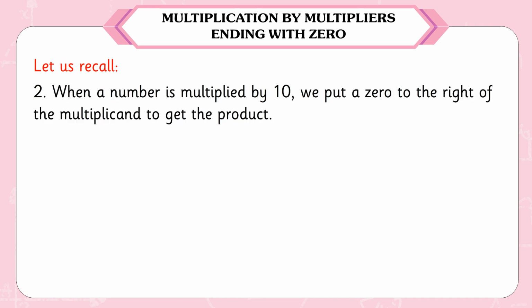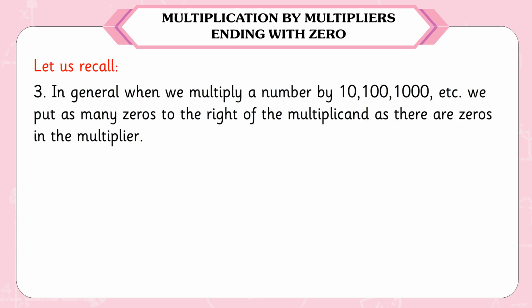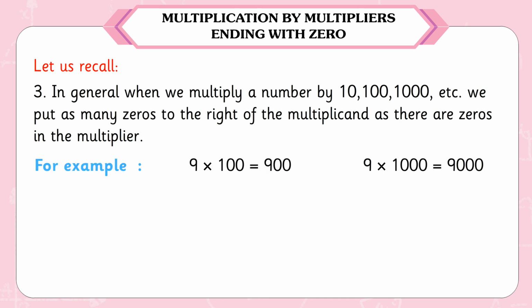When a number is multiplied by 10, we put a 0 to the right of the multiplicand to get the product. For example, 9 into 10 is equal to 90.